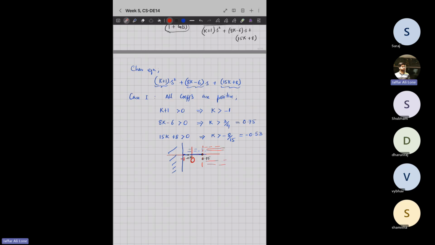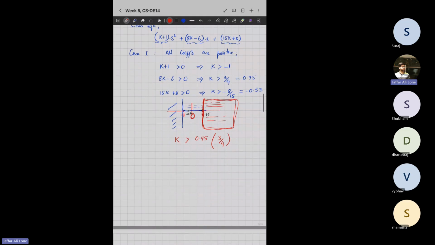The intersection is this part. So from this condition, when all the coefficients are positive, K should be greater than 0.75, which is 3/4.